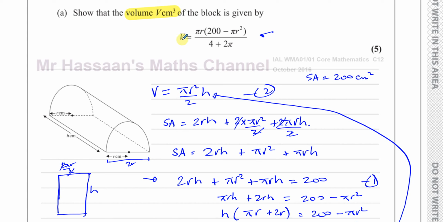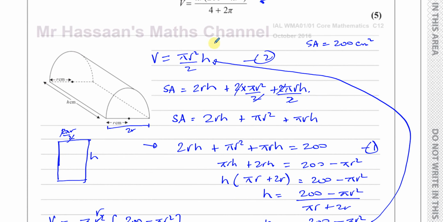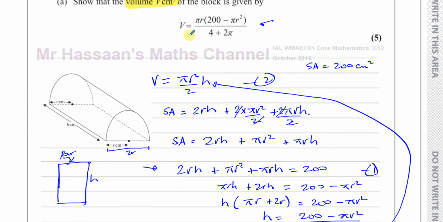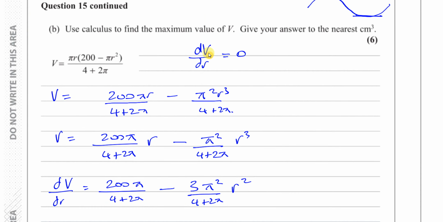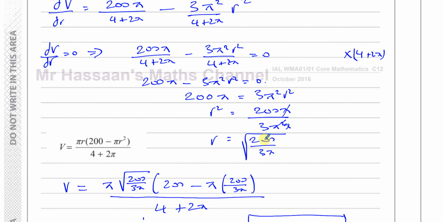Like here we have to find an expression showing the volume, but when you start writing this expression, there's always a letter that doesn't exist in what you have to show, but does exist in the other expression. So you make that letter the subject of the other equation and replace it with what it's equal to, and then you get the expression required. The rest is pretty simple, using differentiation to find the maximum or minimum values by making the differential equal to 0, and then justifying it.